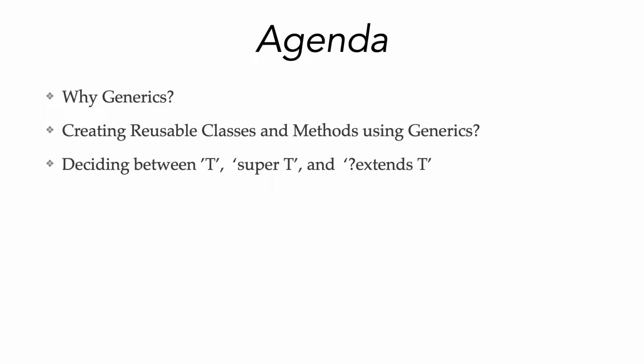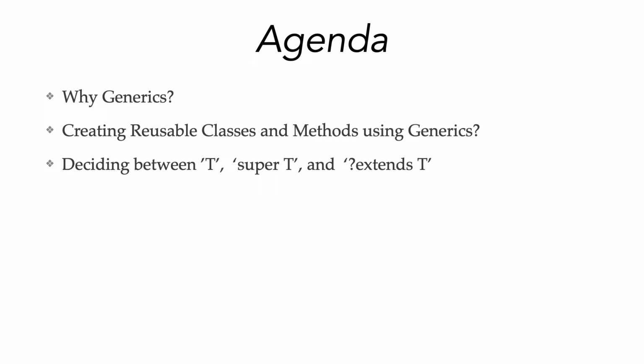The first thing in the agenda, we'll understand why generics came into the picture. The second thing we are going to understand is how, using generics, you can create reusable classes, methods, and even interfaces. Then we are going to understand wildcard characters, which is a bit tricky.